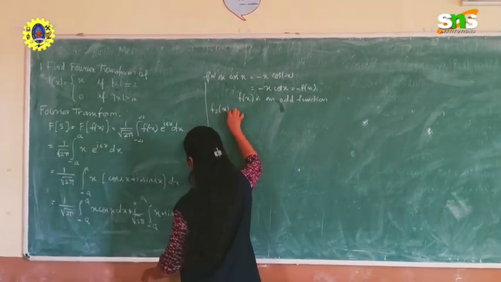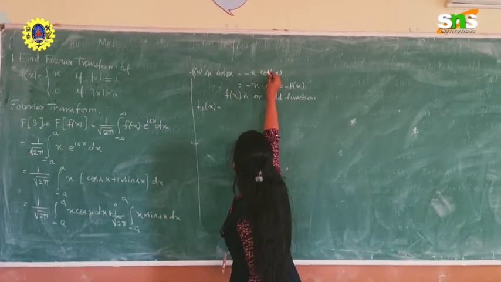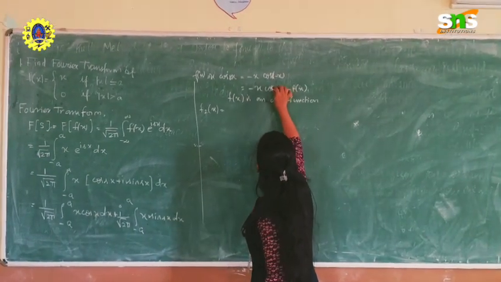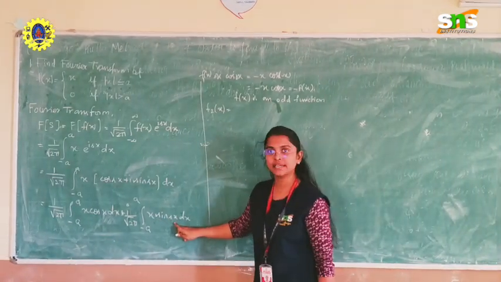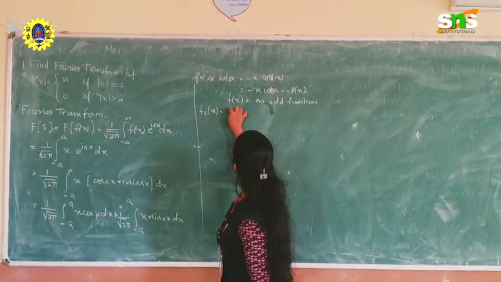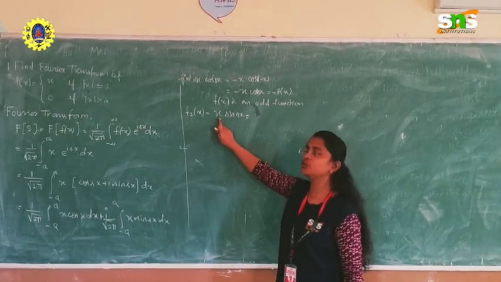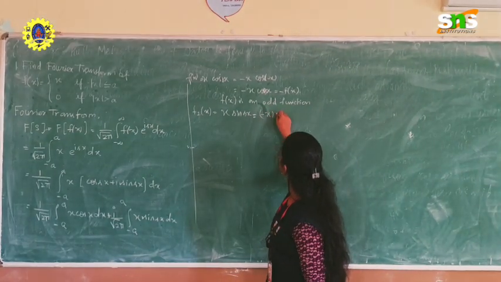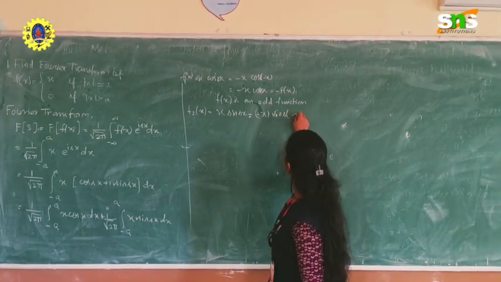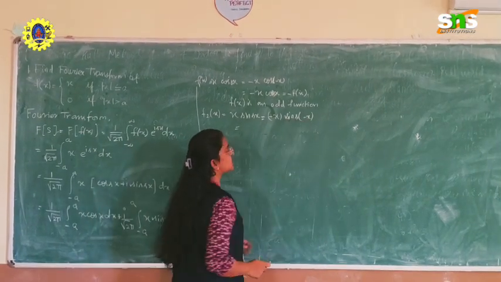Your next function will be x sin sx, right? Here also I'm going to substitute minus x instead of x. So minus x sin s(minus x).